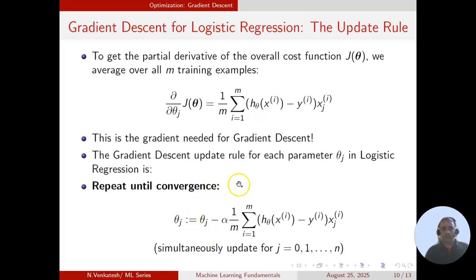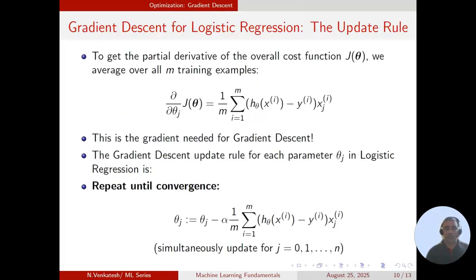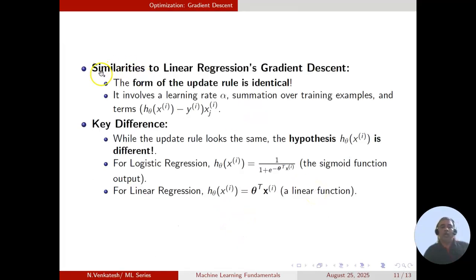If you observe carefully, this looks similar to linear regression, where alpha is the learning rate, and is similar to gradient descent, because this also involves the same h theta of x minus y, which we have defined as an error, multiplied with xj. The only difference is the hypothesis.